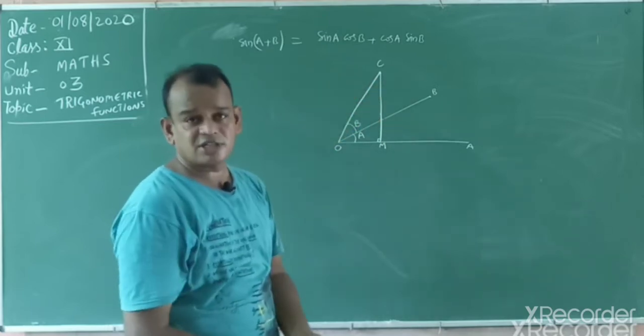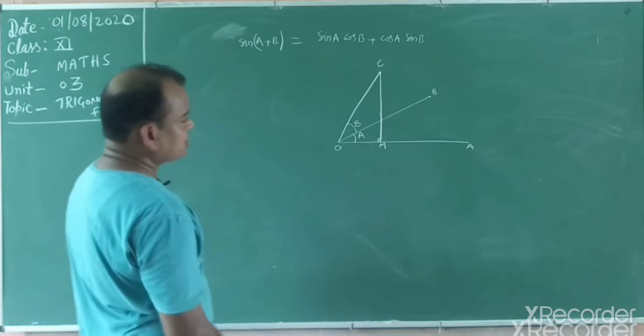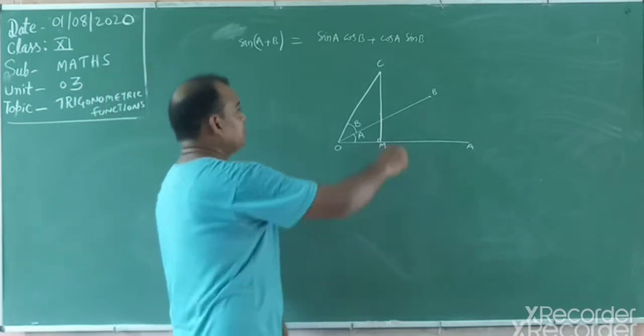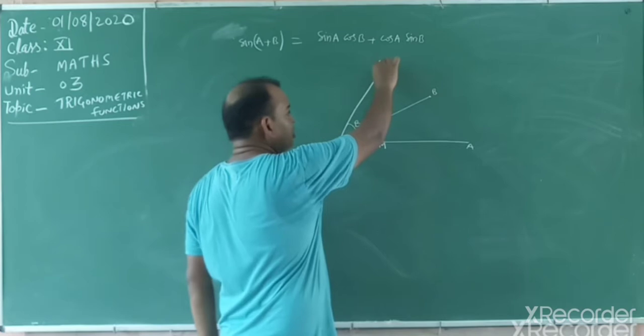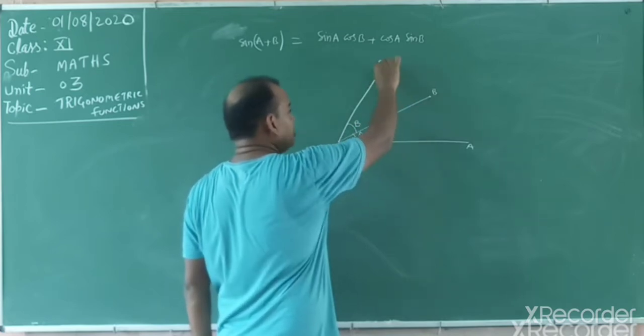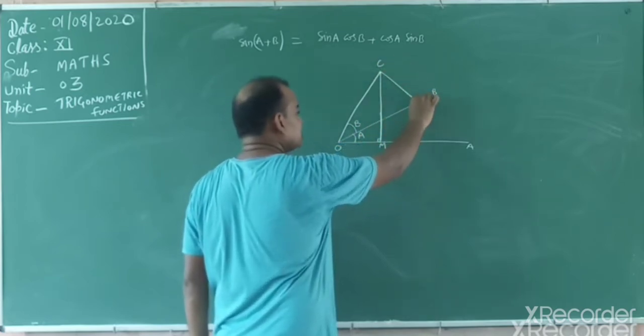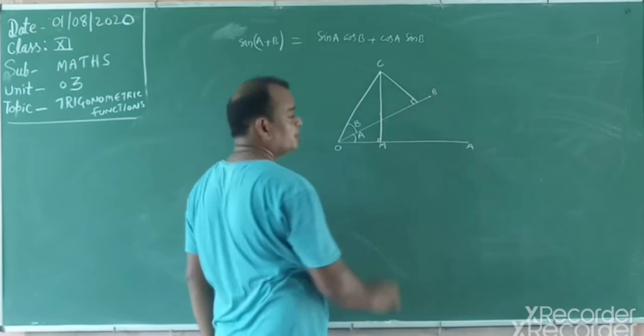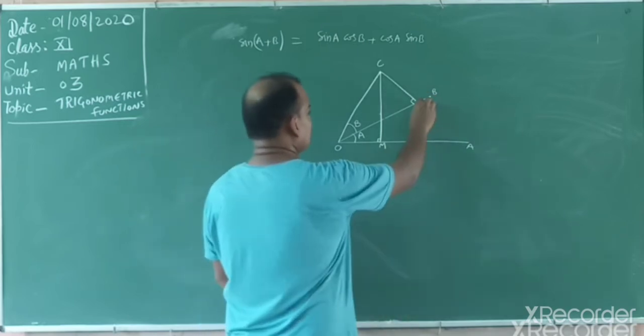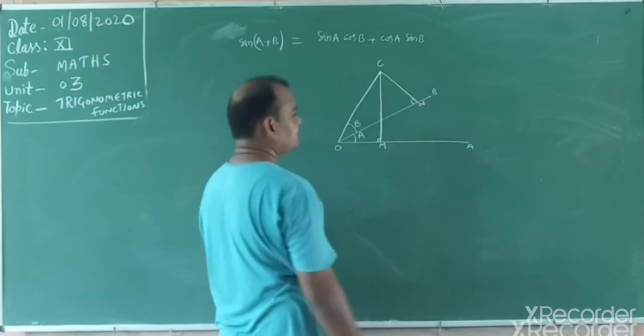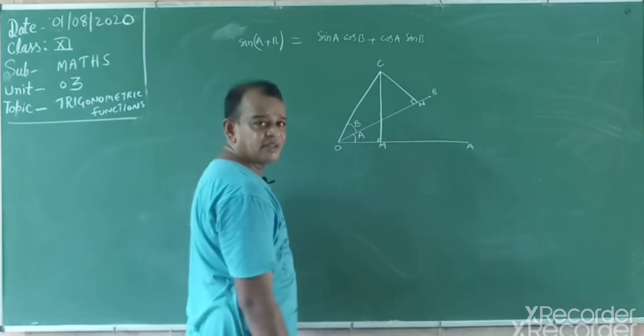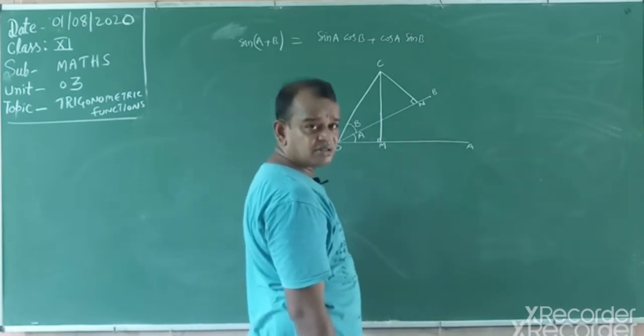Now some more construction is going on. What does more construction mean? From here we draw a perpendicular to the OB line. This is 100% 90 degrees. Suppose this is N or P, whatever it may be. Understood?